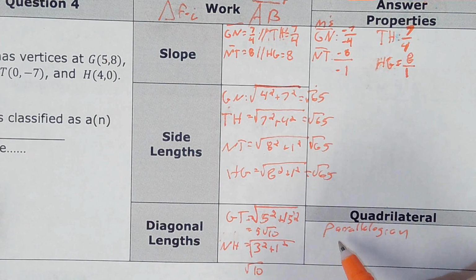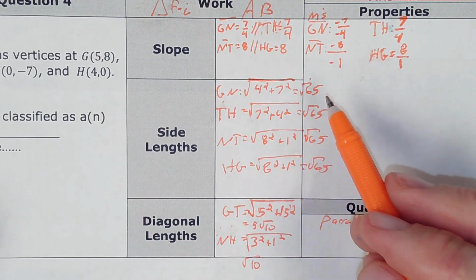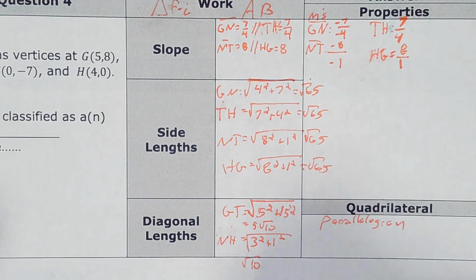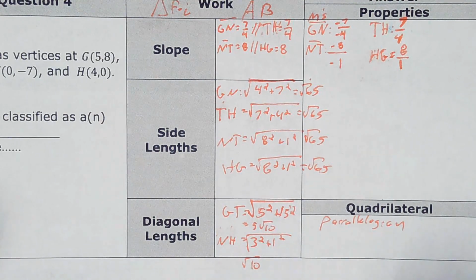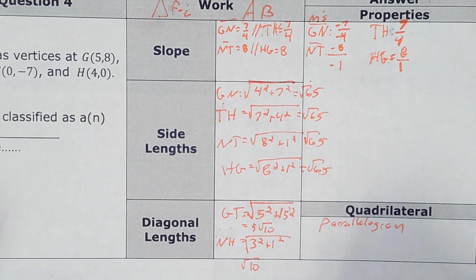So let's kind of sketch what we got. All right, so we have things that aren't the same. We have 2 lines that are parallel, right? 2 other lines that are the same length.